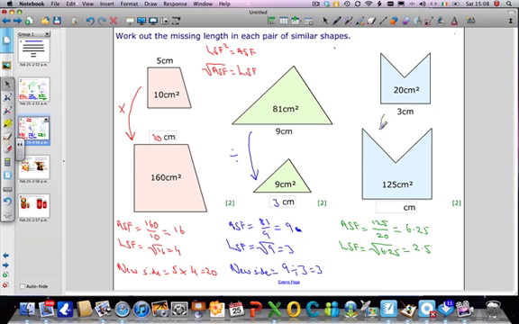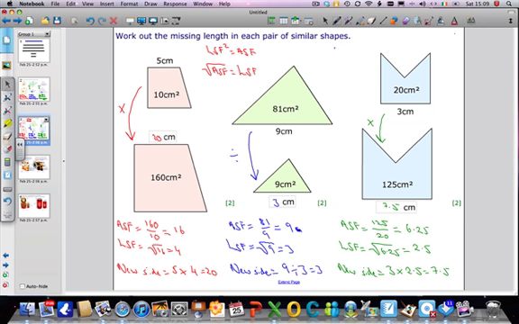We're going from a small shape to a big shape, so we're going to multiply. So the new side equals the old side, which is 3, multiplied by the linear scale factor, 2.5, and 3 multiplied by 2.5 is going to be 7.5. So it's 7.5 centimeters in length.